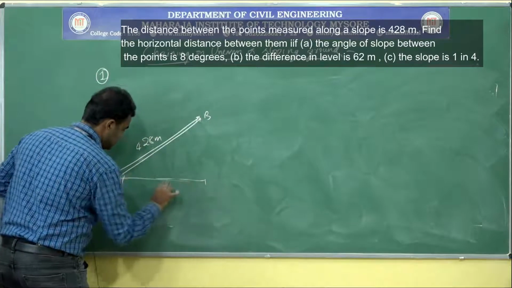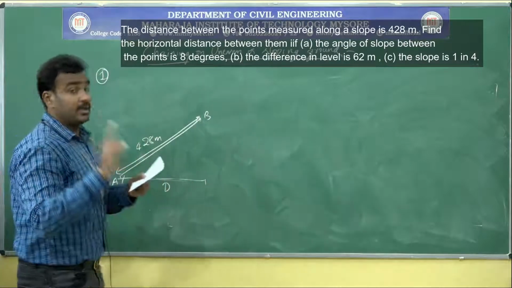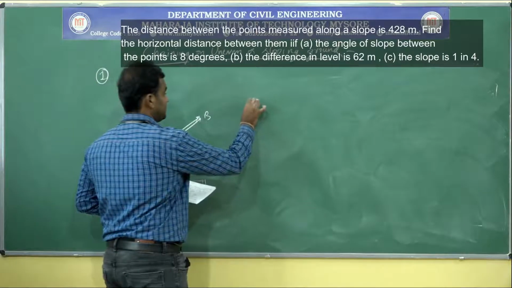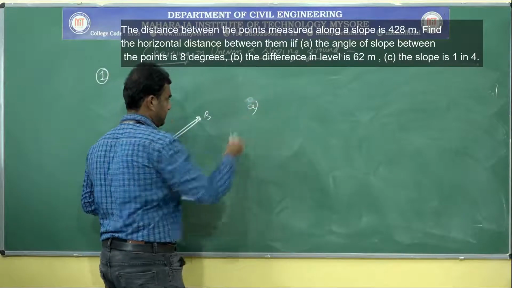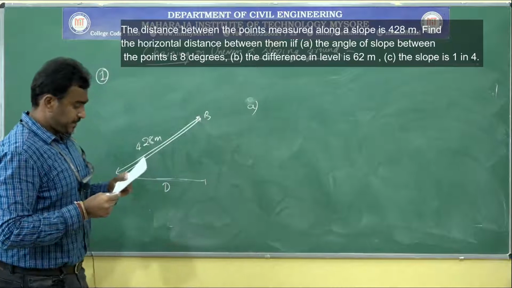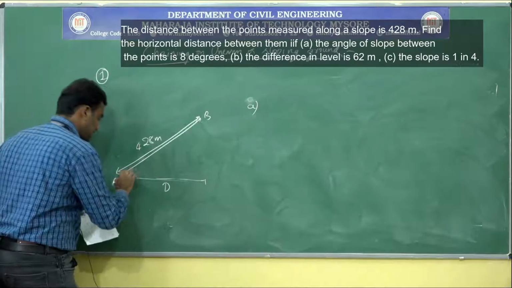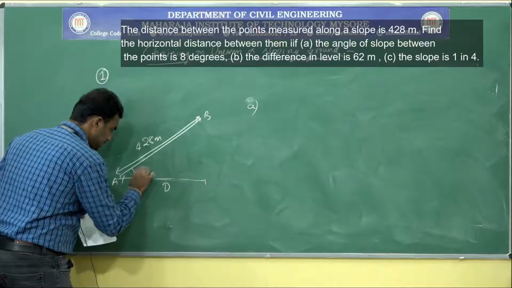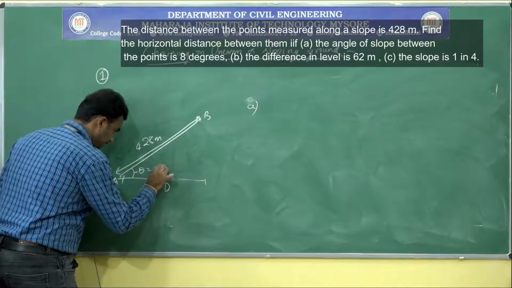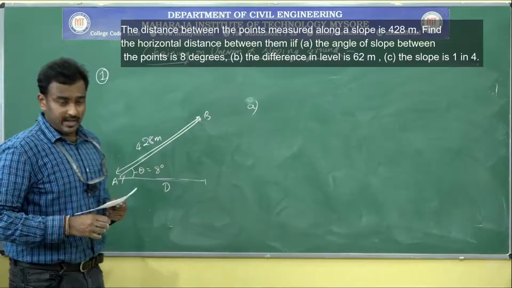Find the horizontal distance D. Let us consider the first condition: if the angle of slope between the points, this theta, is equal to 8 degrees. This is one case.